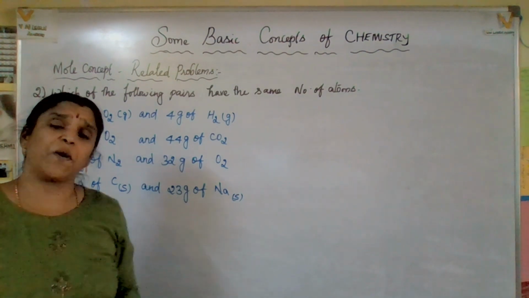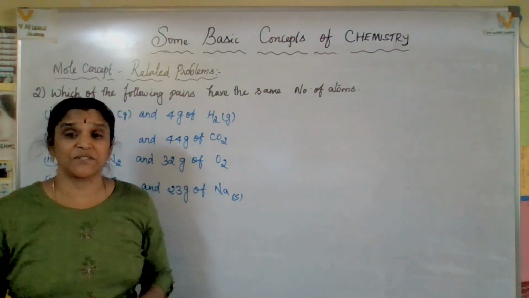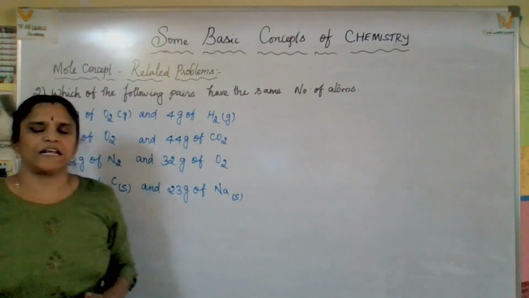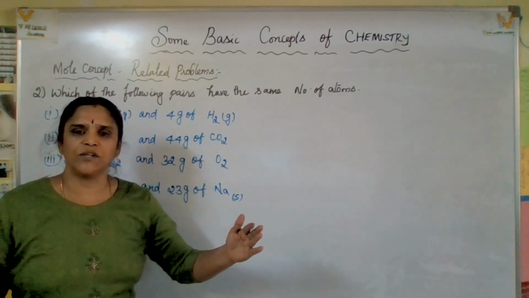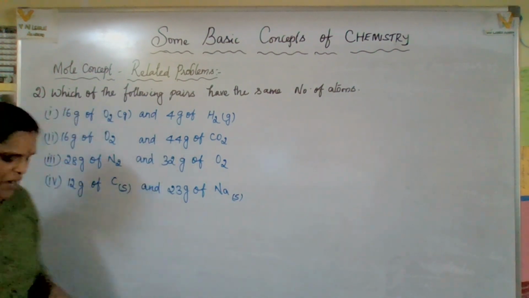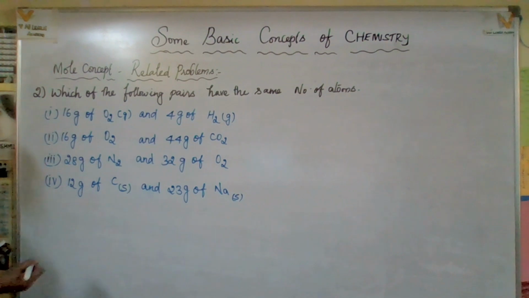Here they did not provide the mole, but in that first question they provided that mole. So number of particles or atoms equals number of moles into number of atoms into Avogadro number. That is the formula we used, right? Yes.